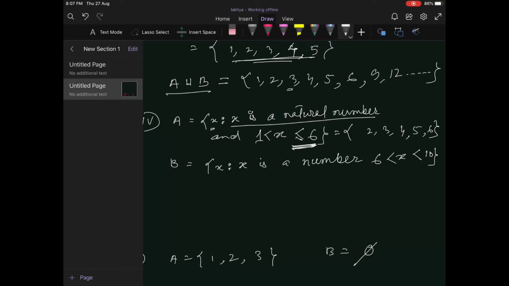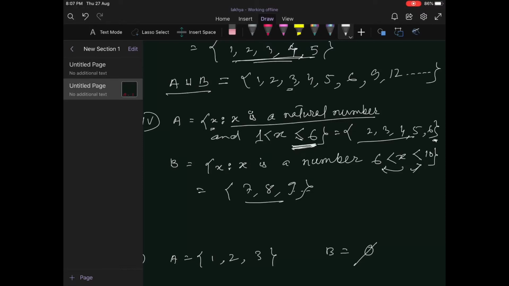It is less than or equal to 6, that's why 6 should be included. And the next one, X is greater than 6 and less than 10, so 6 should not be included. So 7, 8 and 9. Only these 3. Less than 10. Yes.